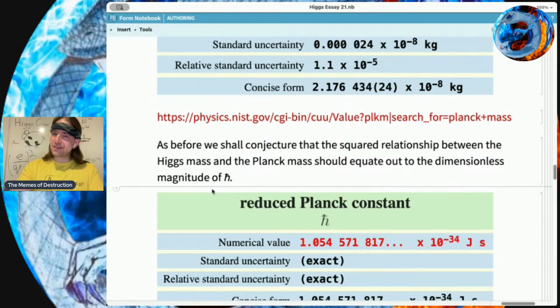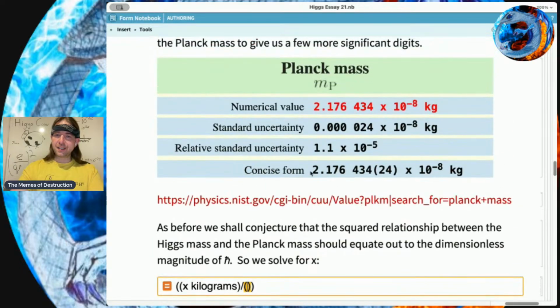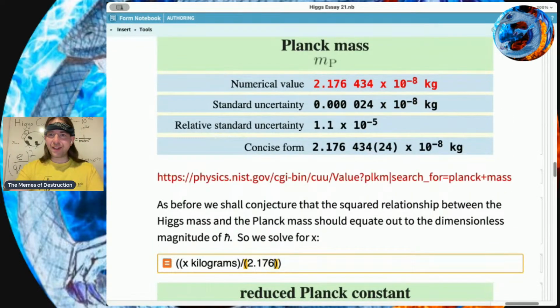That gives us kilograms by 2.176 or 34 times 10 raised to the minus 8 kilograms squared.